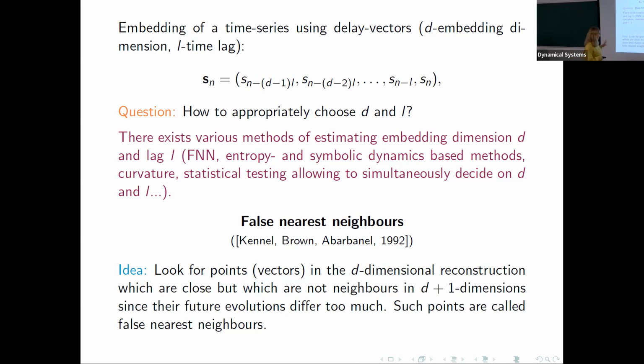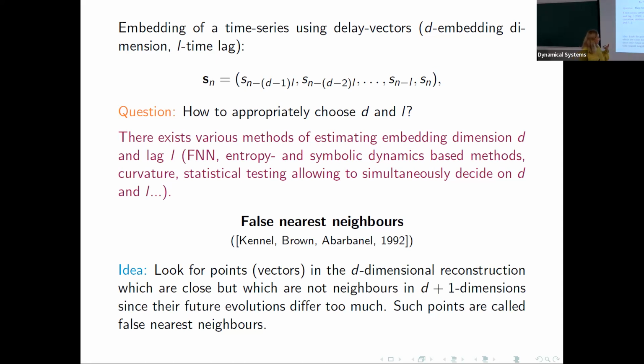So let's say you perform d-dimensional embedding from your time series, and you look for so-called false nearest neighbors. And I will explain what the false nearest neighbor is in a moment.